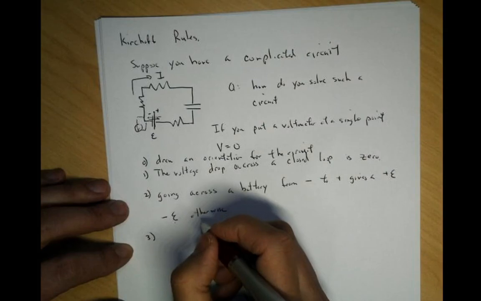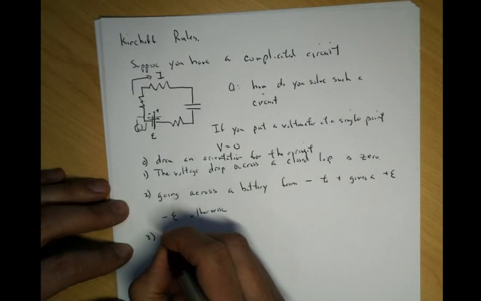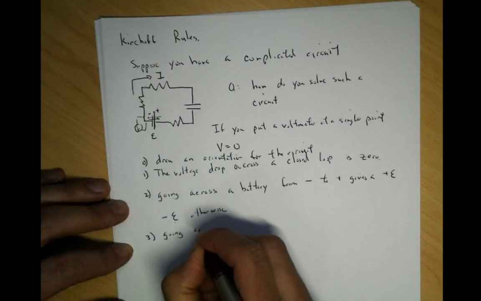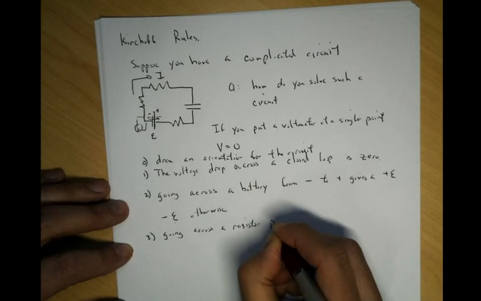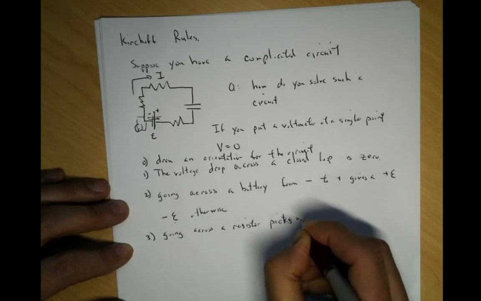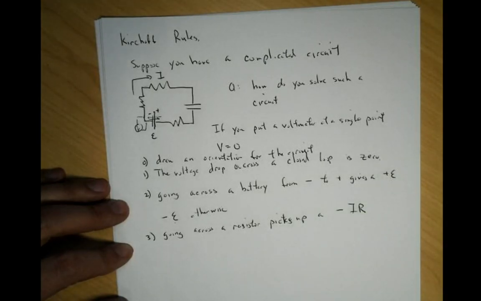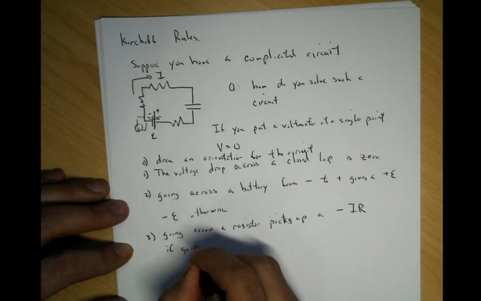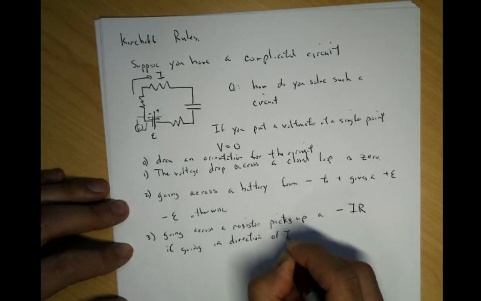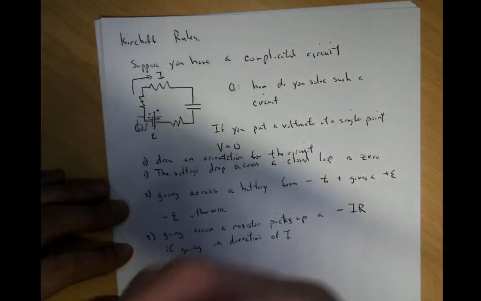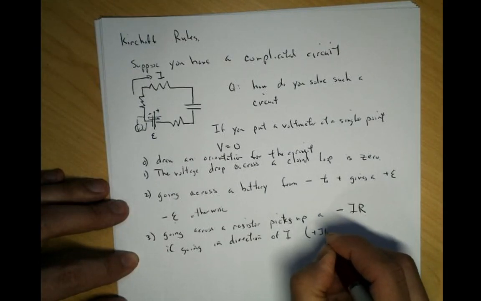If I go across this way, then going across the resistor picks up a minus IR if going in the direction of I. I picked the orientation of I, and I'm going in the same direction, so I pick up a minus IR. Plus IR otherwise.